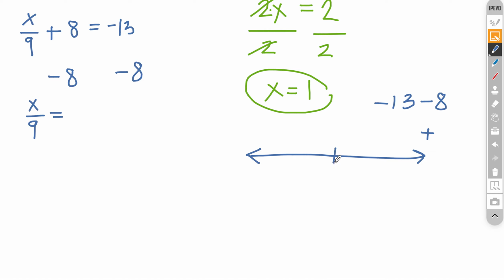So I can draw my little number line to help me out. I'm going to start at negative 13, and I'm subtracting. So whenever I subtract, I go in the negative direction. I go 8 steps in the negative direction, and I should end up at negative 21. So here, negative 13 minus 8 is negative 21.